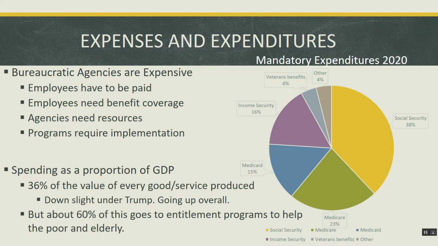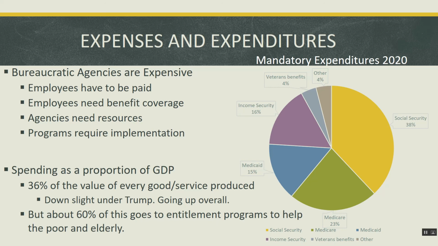So if you look at the pie chart I've replicated from your textbook, you're going to find that about 40% of all federal spending goes to Social Security to help the elderly, and then an additional 23% to Medicare, and an additional 15% to Medicaid.